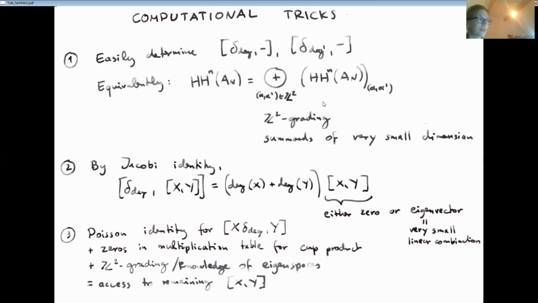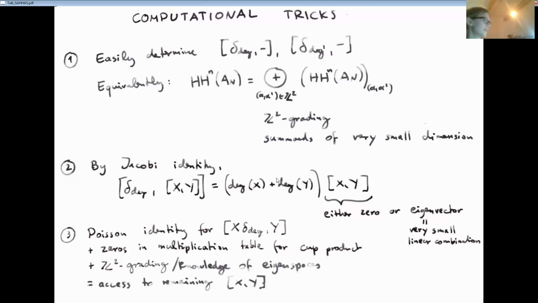In our case, these summands were of very small dimension, so there was not so much living in each homogeneous component. And this enabled us to continue from there with two other observations.